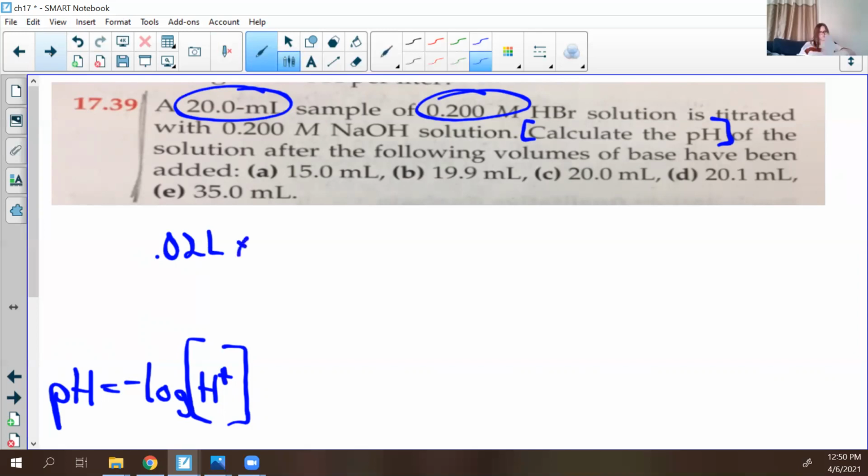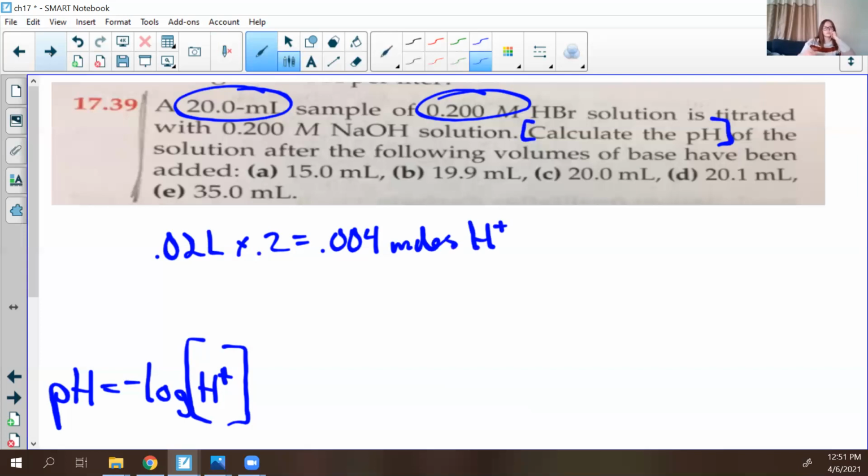Times 0.2 equals 0.004. Oh yeah, 4, I just wrote a 4. Okay, and that's moles of H plus. And yes, I know, Mr. Davidson, there's a Br. I don't care, this is a strong one. That's why I don't care at all.